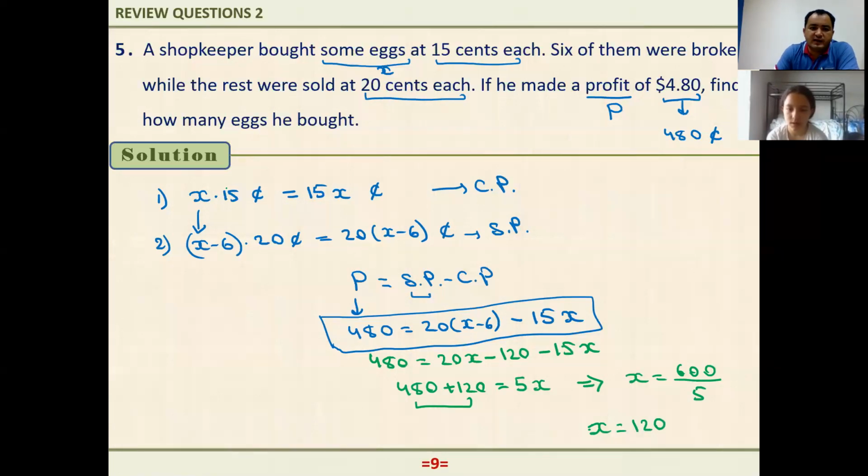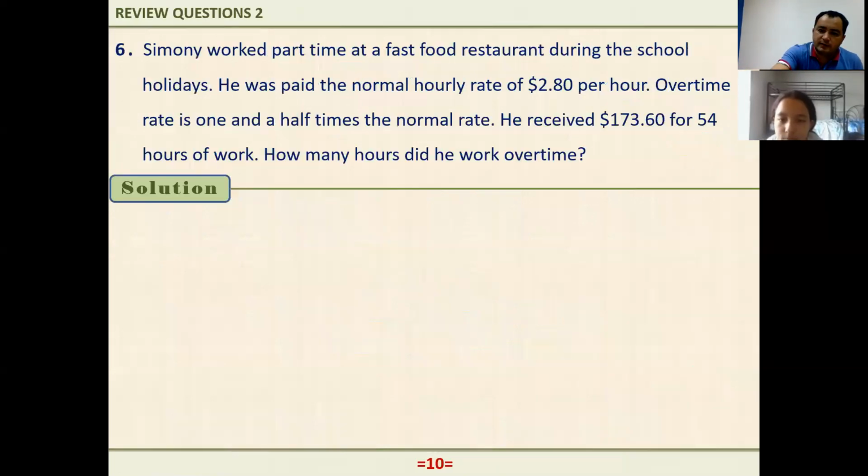What is the question? Find how many eggs she bought. How many eggs did she buy? 120 eggs. Okay? Okay. All right.